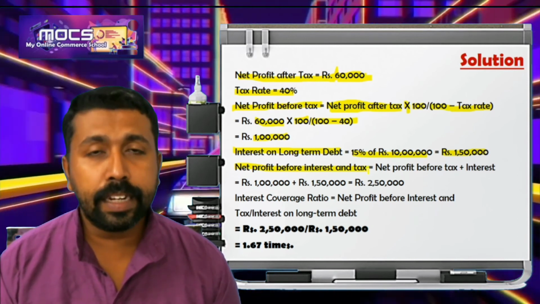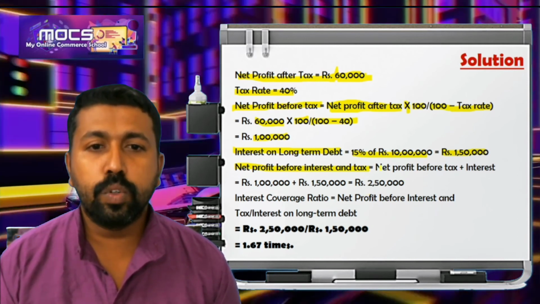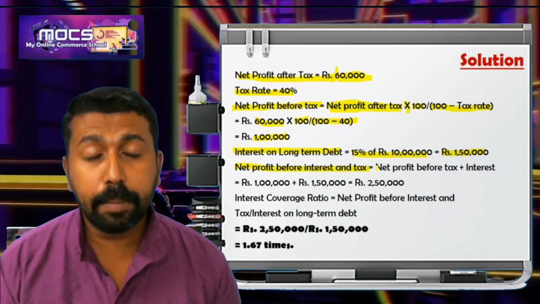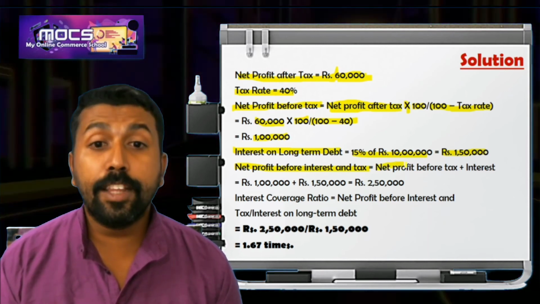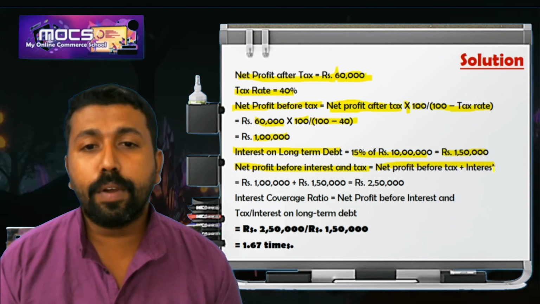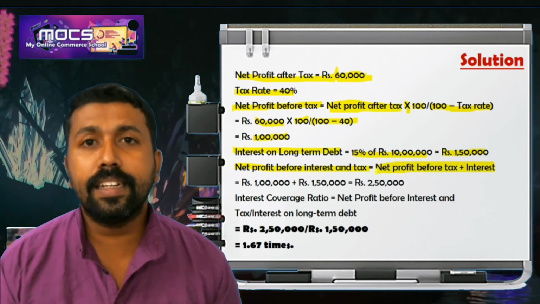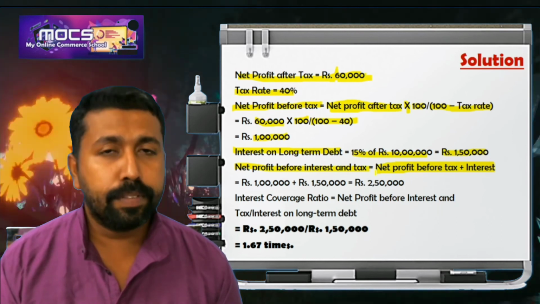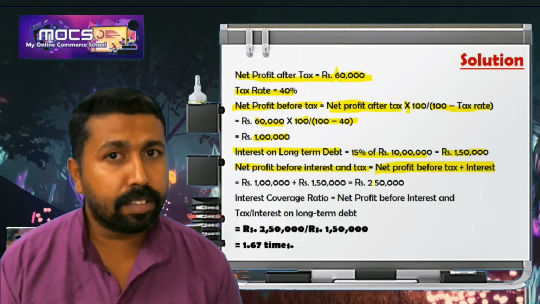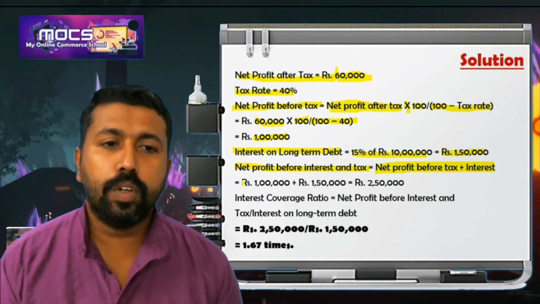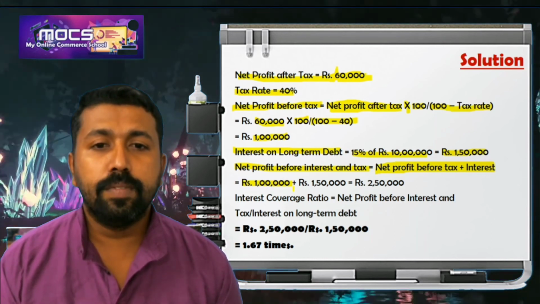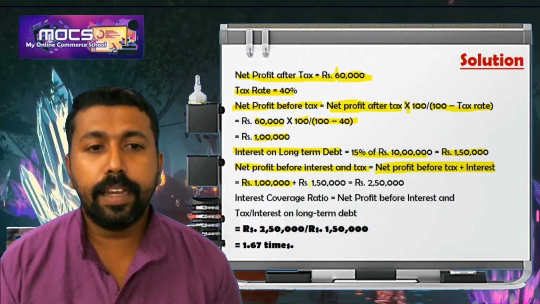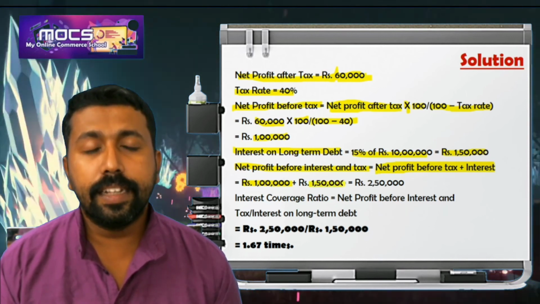Net profit before interest and tax. So what we have to do? We have to add back the amount of interest also. Then only we will get the value of net profit before paying interest, 1,50,000, and tax, 40,000. So again, with rupees 1 lakh net profit before tax, we are adding the amount of interest.